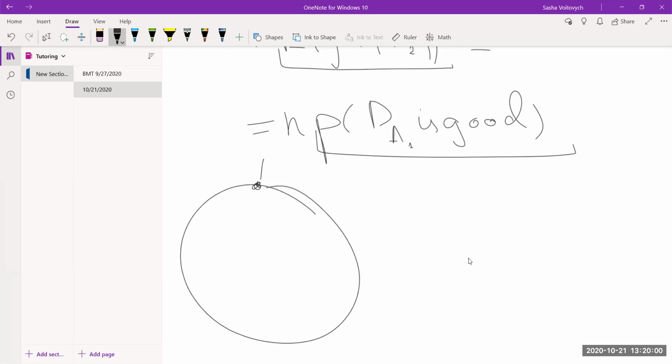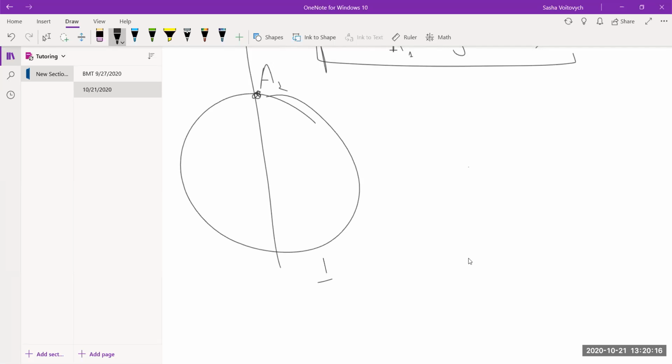So let's draw our diameter. And now, what is the probability that all points will end up on one side? Well, the circle is split in half by one particular diameter.